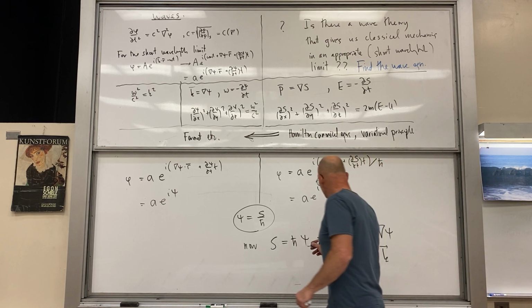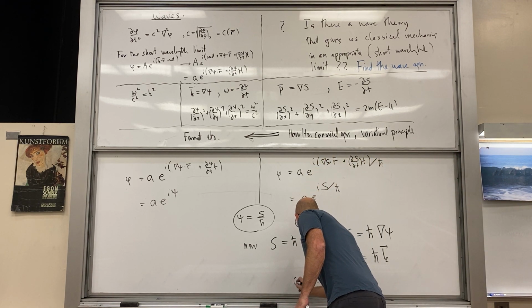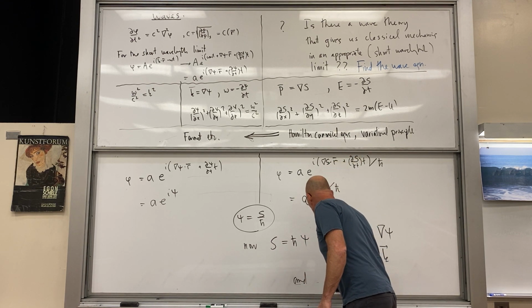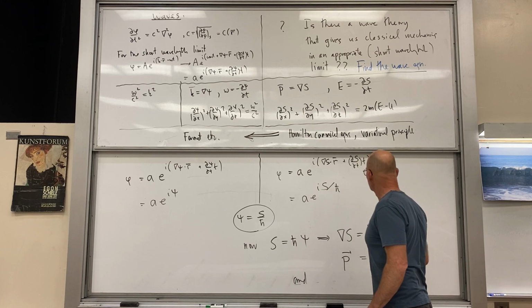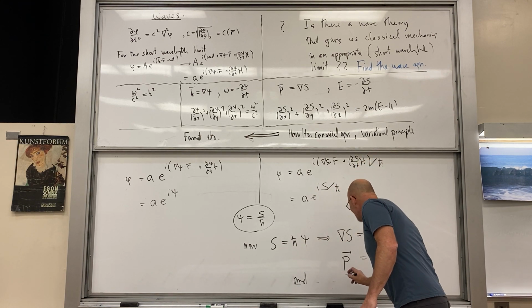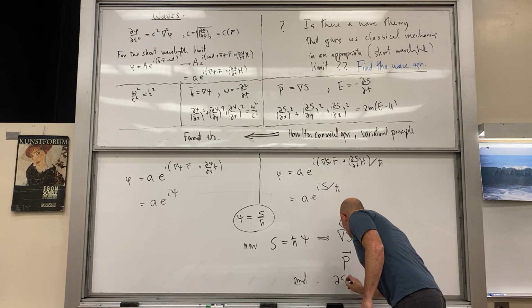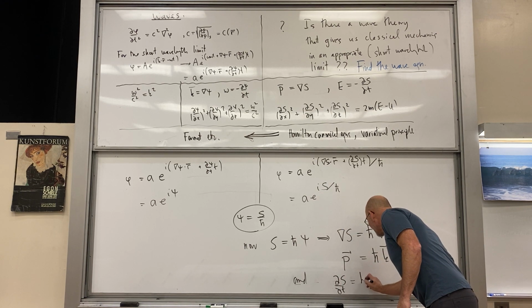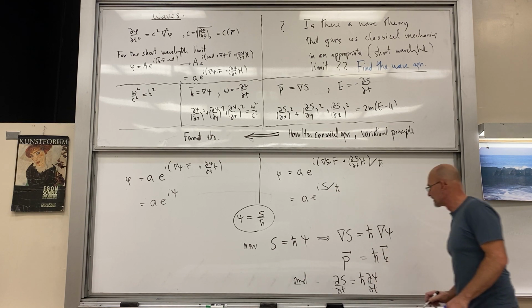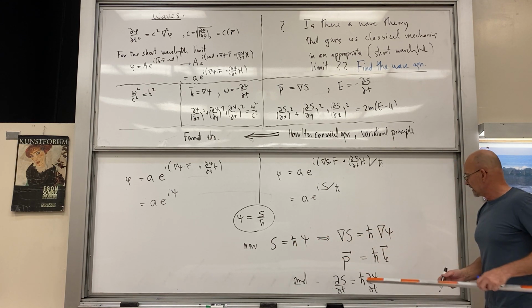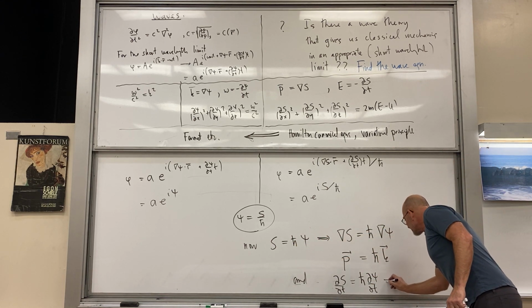And what else do we have here? And partial S partial t is equal to h bar partial c partial t. Okay, so I'm just going off of that identity there. And what does that give us?